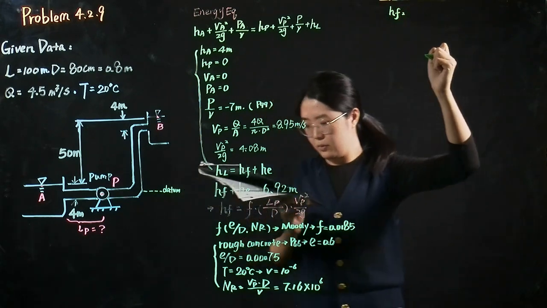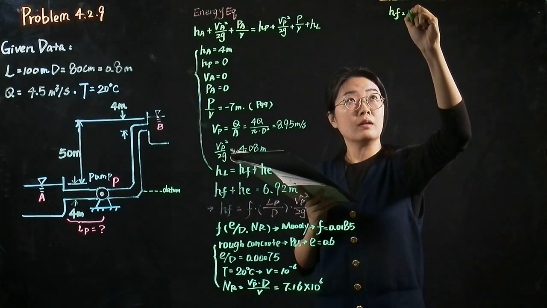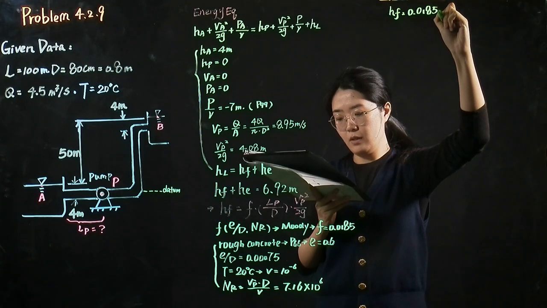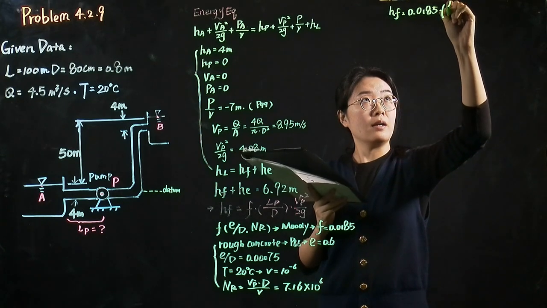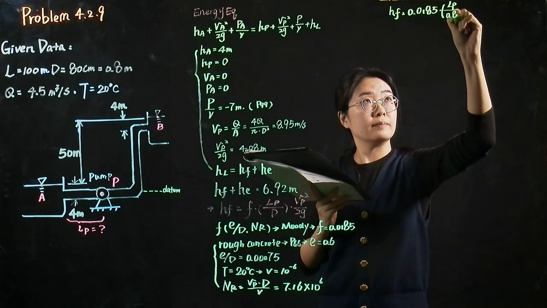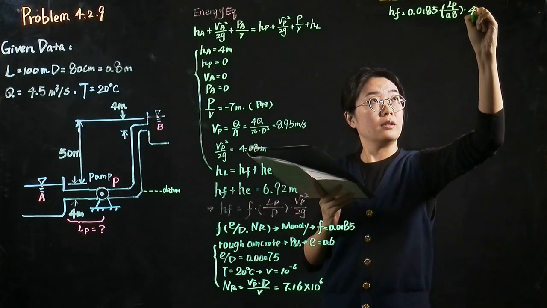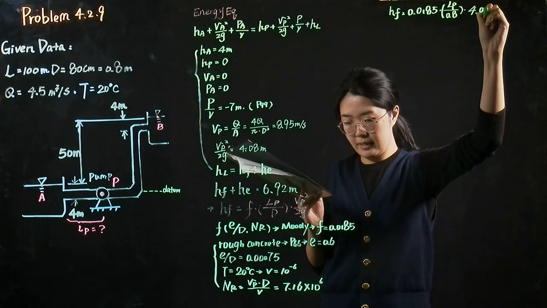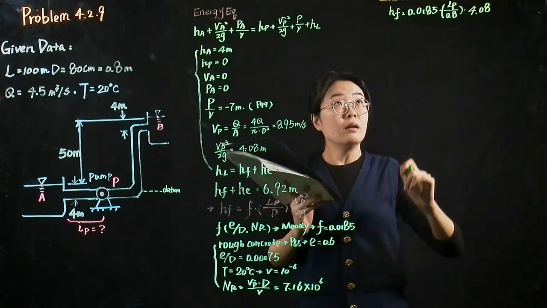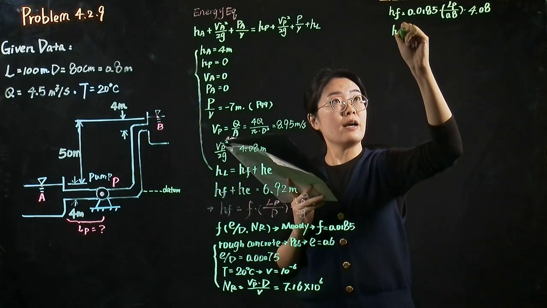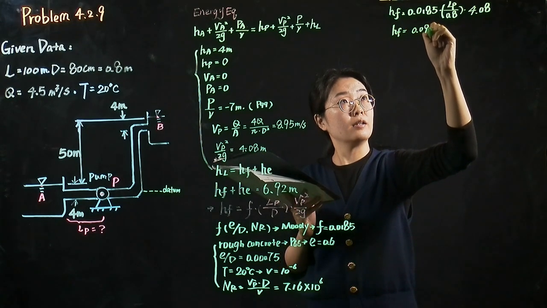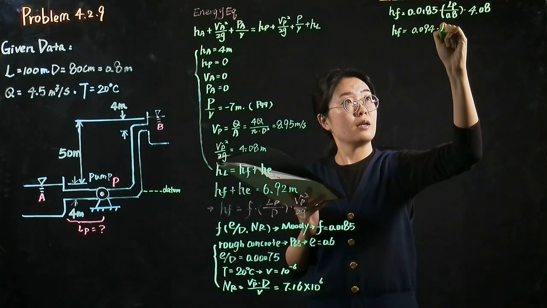It equals 0.0185 times our unknown LP over 0.8 times 4.08. The HF equals 0.094 times L sub P.